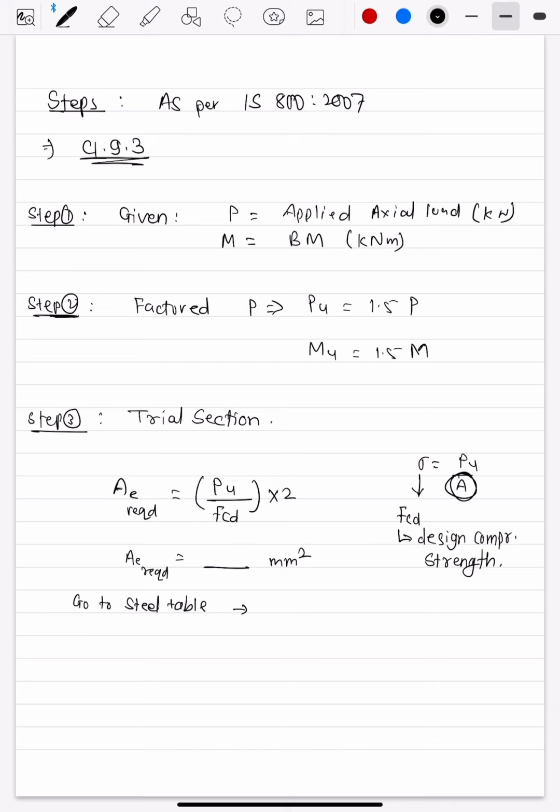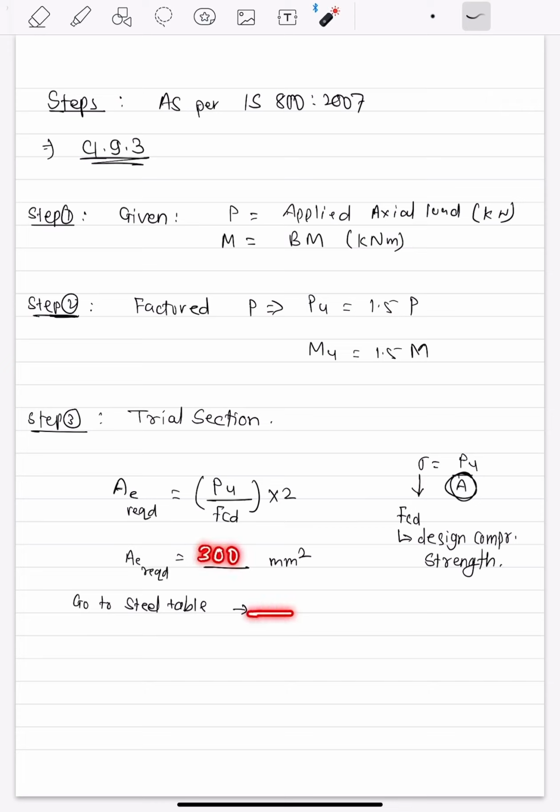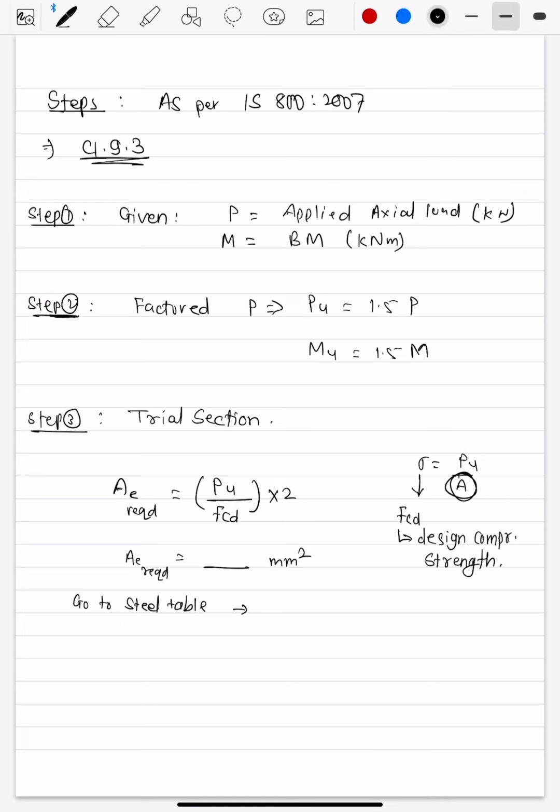Let us say this comes around 300 mm square. Then find a section, an I section, which has area greater than or equal to 300 mm square. Okay, so that's how you select.